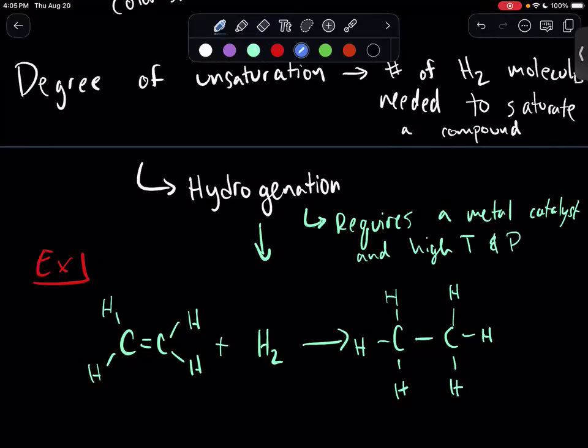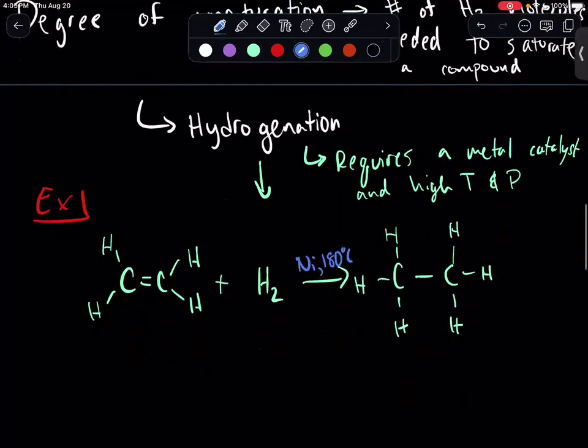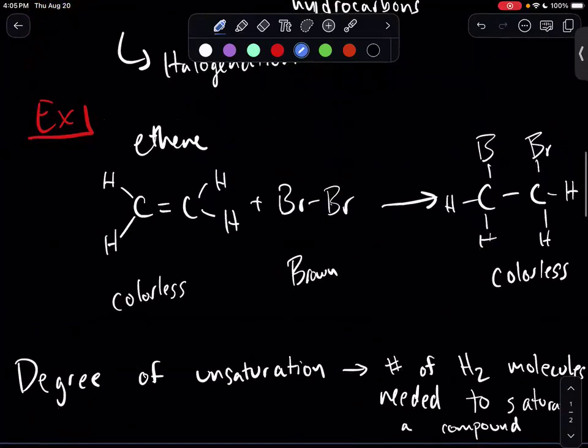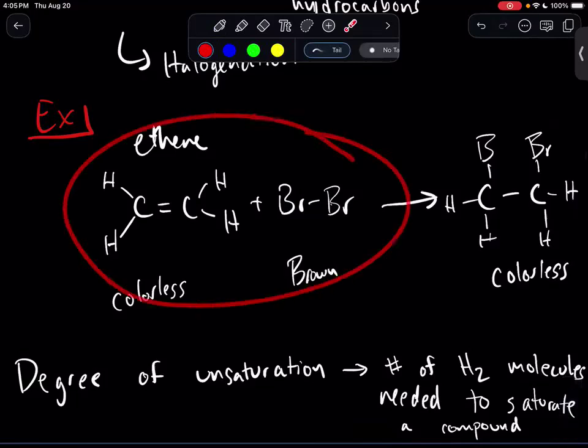So like, for example, this could be done with nickel at 180 degrees Celsius, and that would start this reaction. So we need that high temperature to break these bonds and actually start this reaction because this is not an electrophilic addition reaction, unlike the halogenation in the previous example with the bromine test.